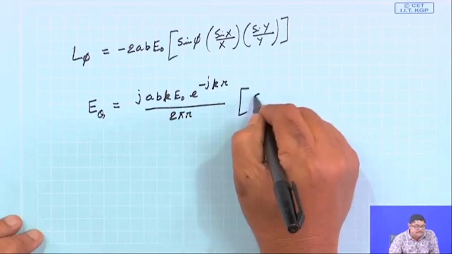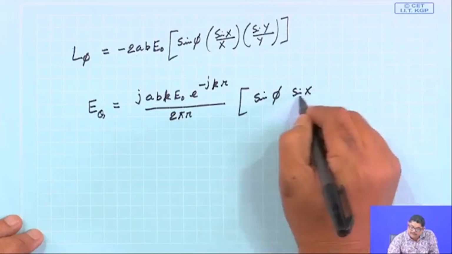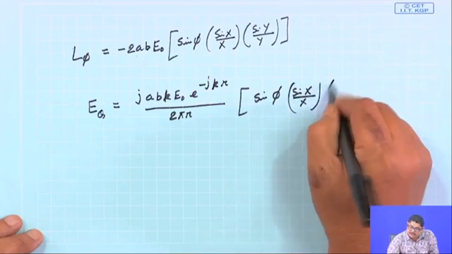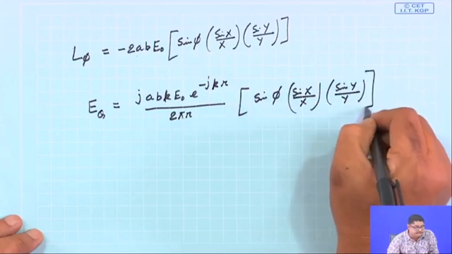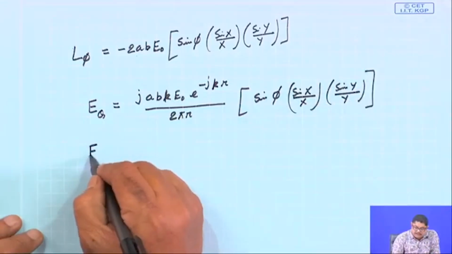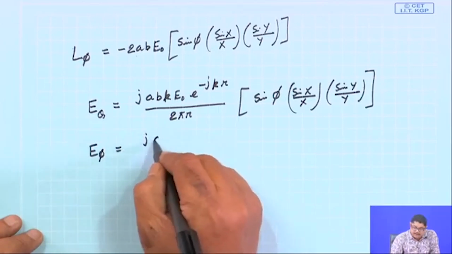sin phi sin X by X sin Y by Y, and E phi will be j a b.